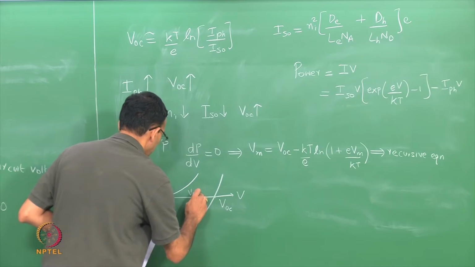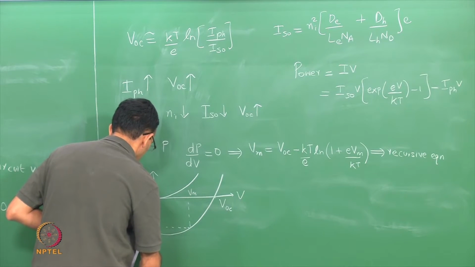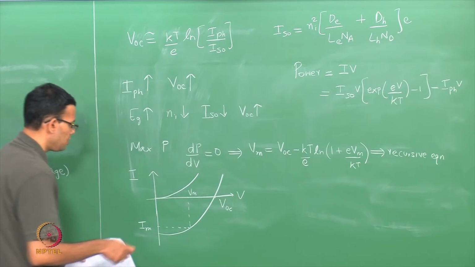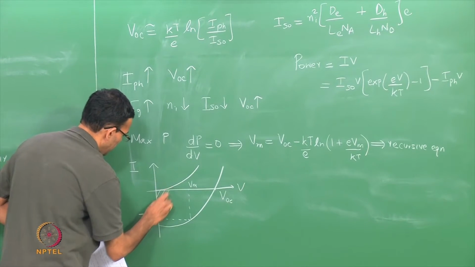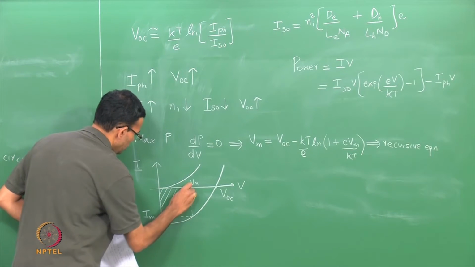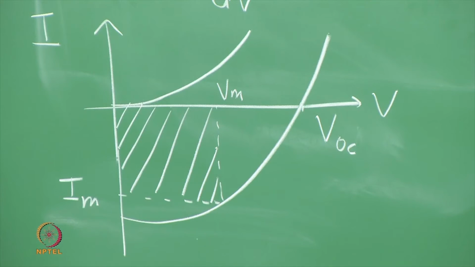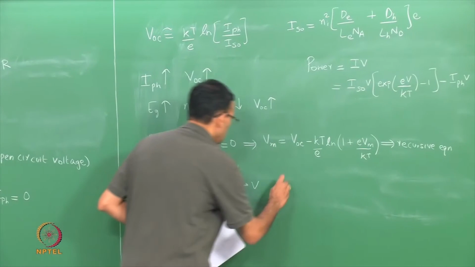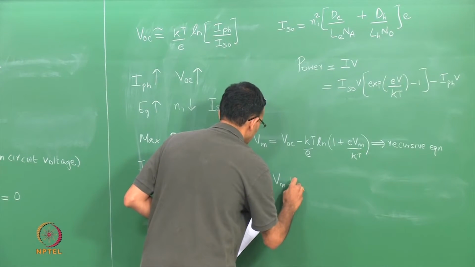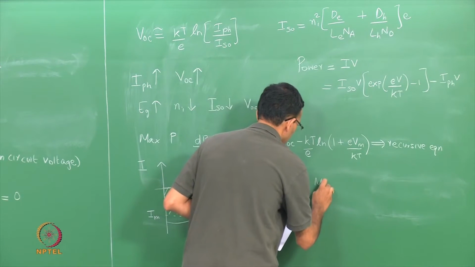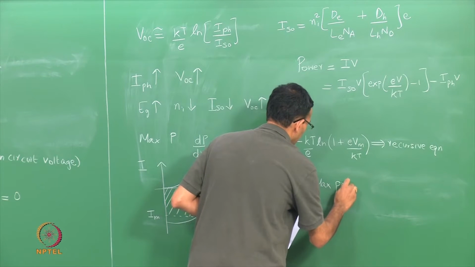So this is Vm, corresponds to Im. The area under the curve, or the area between these 2 points, gives you the maximum power that is delivered to the system. So Vm times Im is the maximum power delivered.